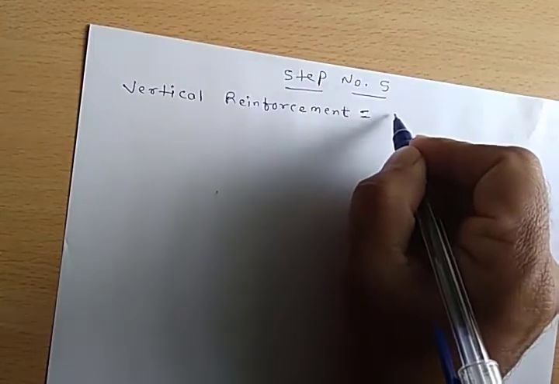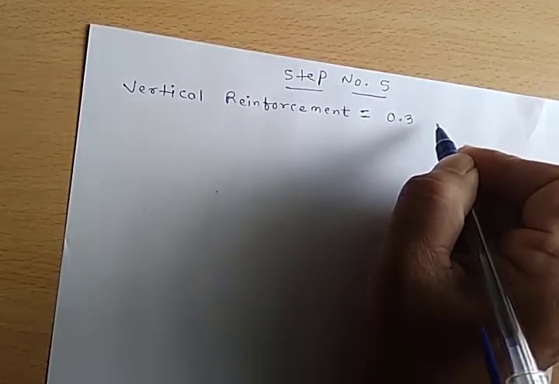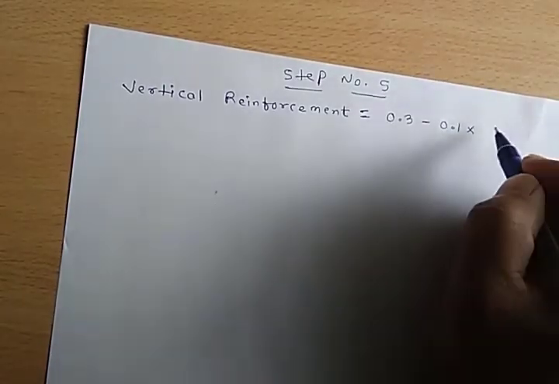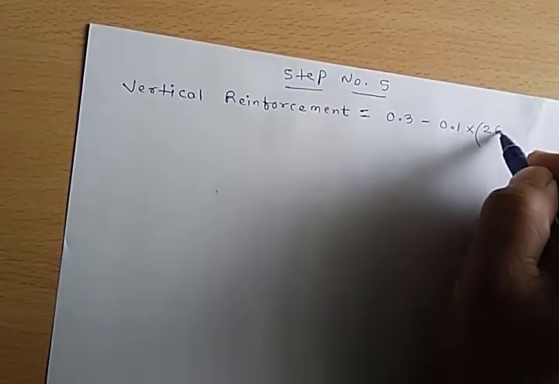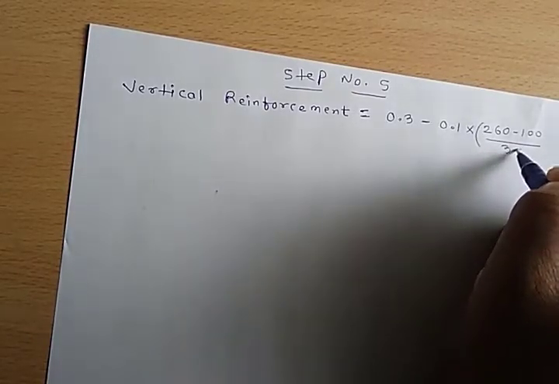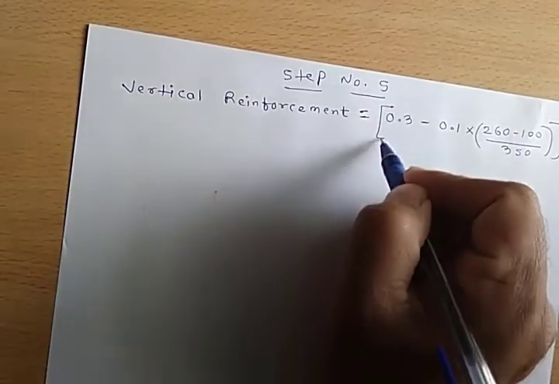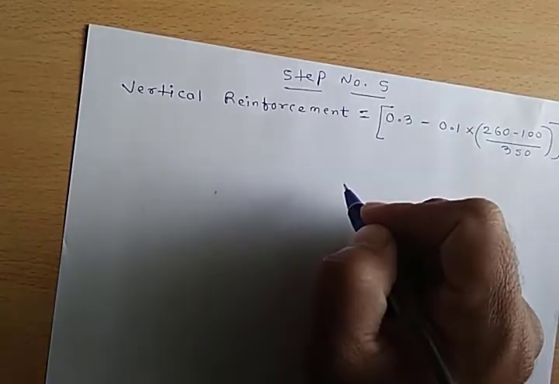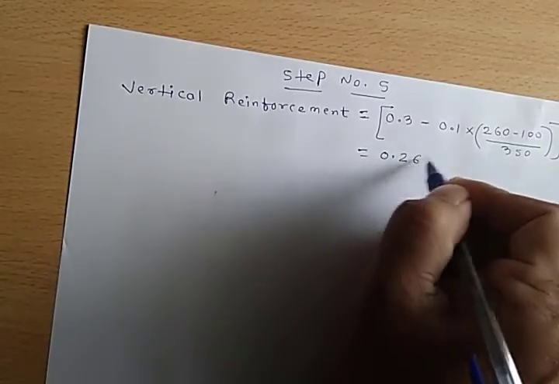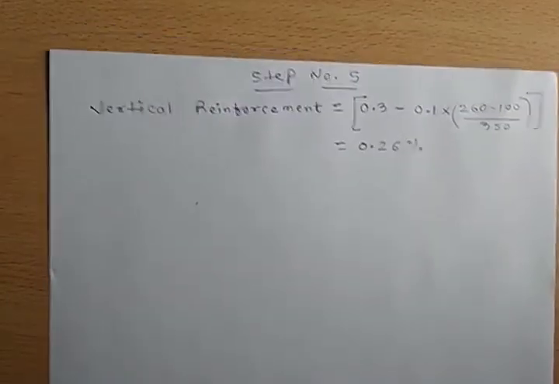So vertical reinforcement you may get here if you just interpolate 0.3 minus 0.1 into 260 minus 100 divided by 350. So you will get it around 0.26 percentage.